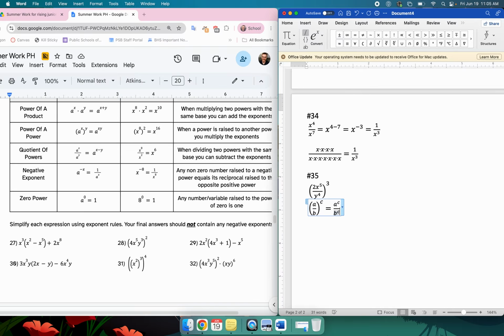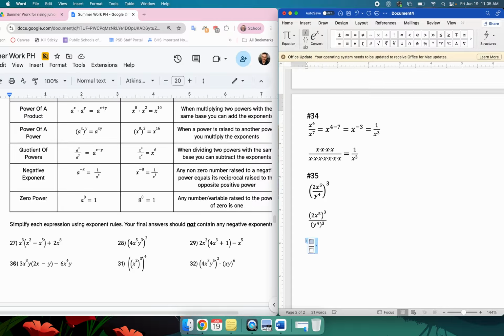In other words, exponents distribute over the top and bottom of a fraction. So I'm going to distribute that 3 to the top and bottom of the fraction. So I have the entire numerator cubed and the entire denominator cubed.